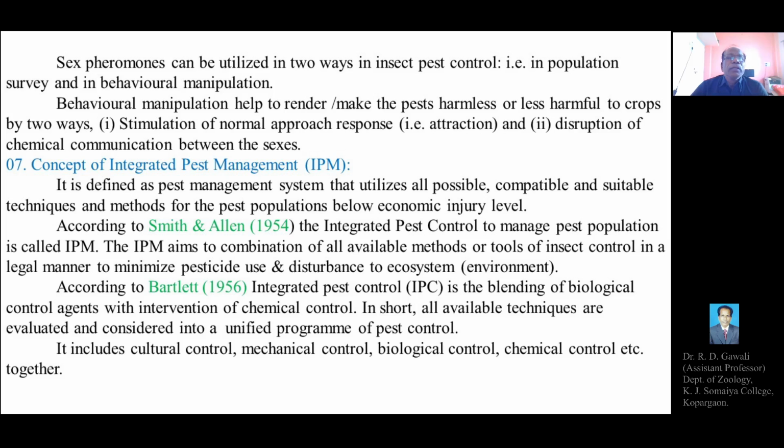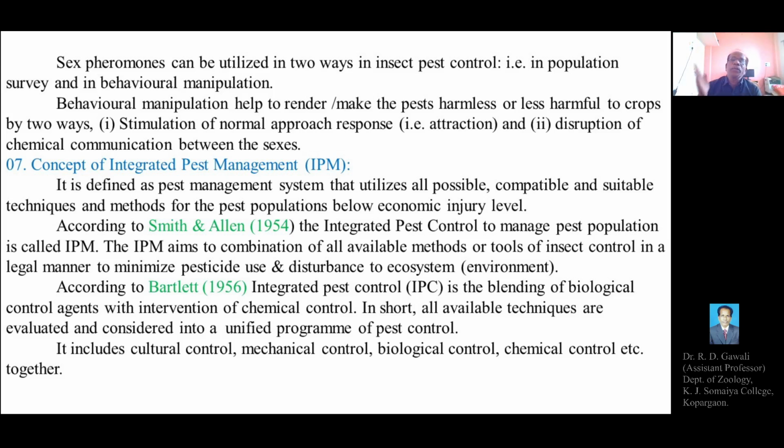Then this can be done in two ways. Stimulation of normal approach response, that is attraction, and second, disruption of chemical communication between the sexes. With the help of these two activities, the first is attraction of the pest individuals to a particular spot so as to collect and kill them.